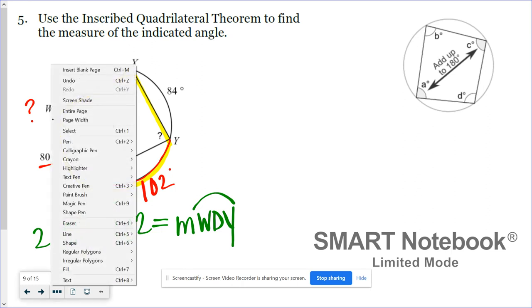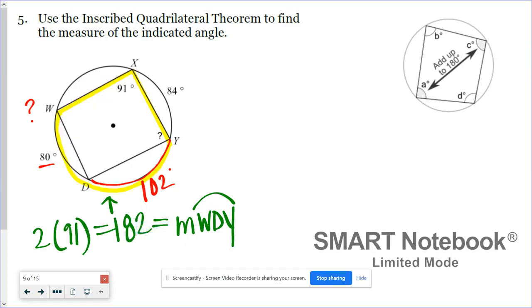Remember, if I know the measure of angle W, I can find the measure of angle Y. If I extend the sides of angle W, they make this arc DYX.